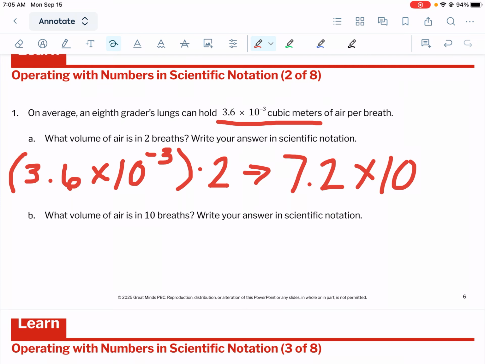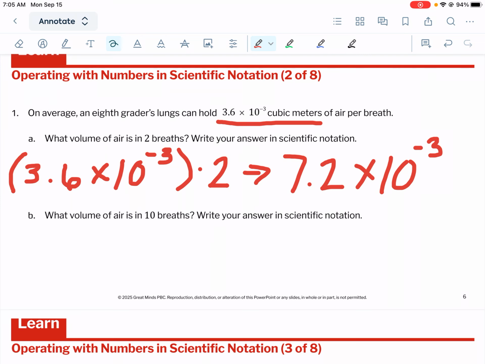You don't have to apply it to the n value, which is the exponent, unless that 2 is a raised power outside of the parentheses. So we're going to keep 10 to the negative 3 the same. Okay? Keep that the same. That's all we need to do. Don't fall for that.